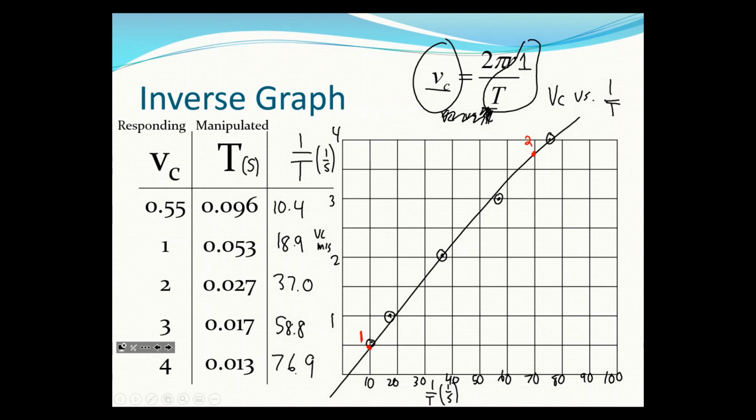So just let me write these values down, and then I'll switch the screen. So y2 looks to be about 3.75 meters per second. And then y1 looks to be 0.5 meters per second. x2 is 71 over seconds.